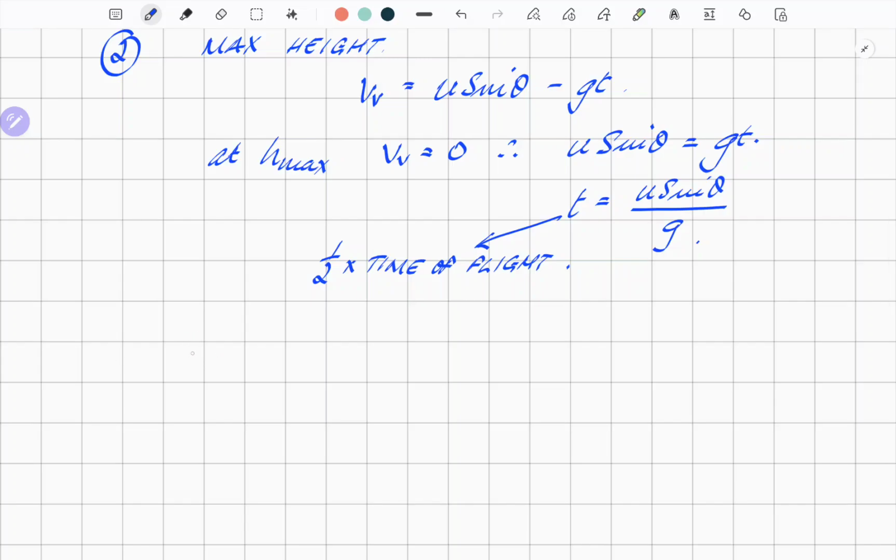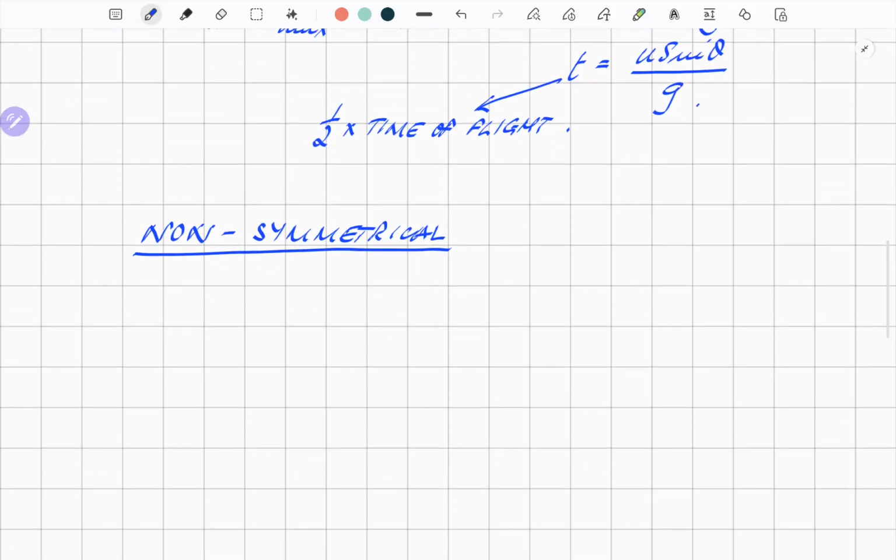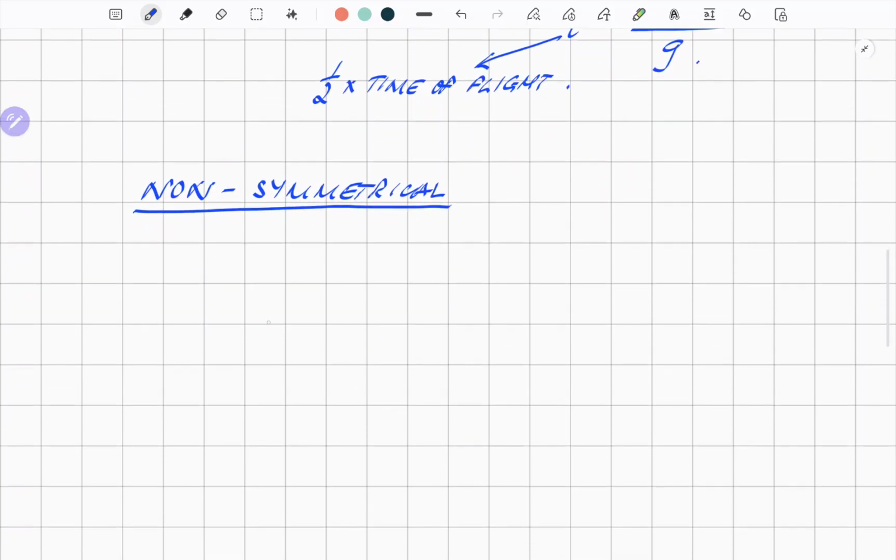The other types of projection that you're going to get, for example, non-symmetrical ones. They sometimes say, like from a cliff top, and that one, you can have projections.